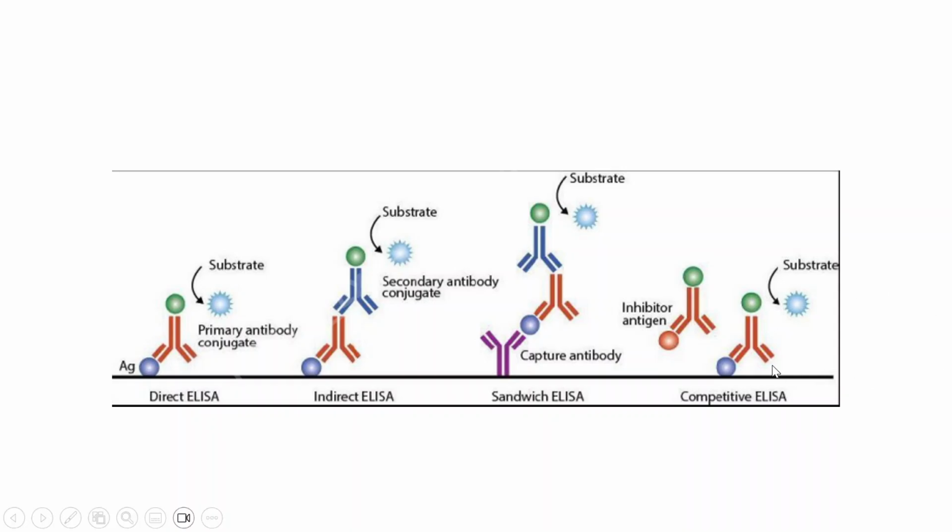So here you can see, you have the antigen on the plate. So whatever unbound antibody will be there, will react to this plate, and it will kind of compete with the inhibitor antigen. So we will add another antigen that will compete with this limited amount of antibodies that are added in the solution. Okay, and then we can have the detection.